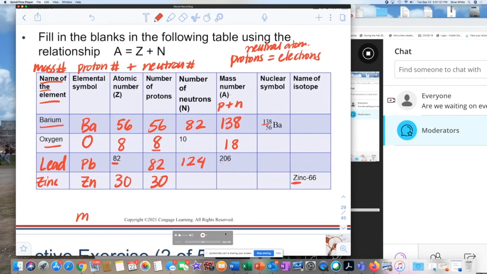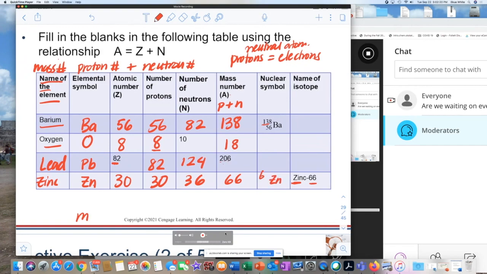For zinc, this is a mass number because it's an isotope, that would be 66. So for zinc, I have 66 minus 30 equal 36, right?